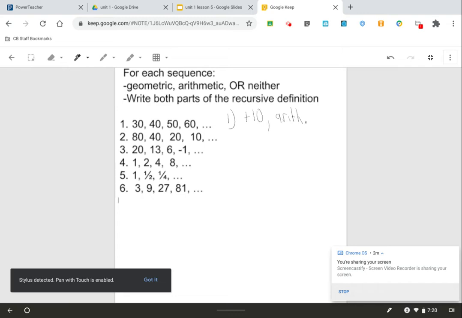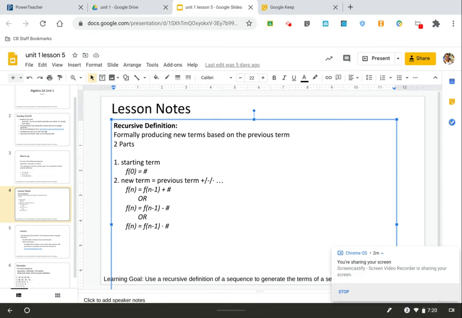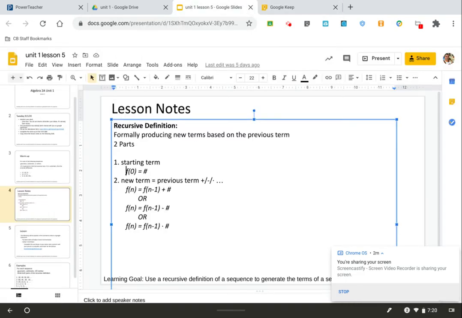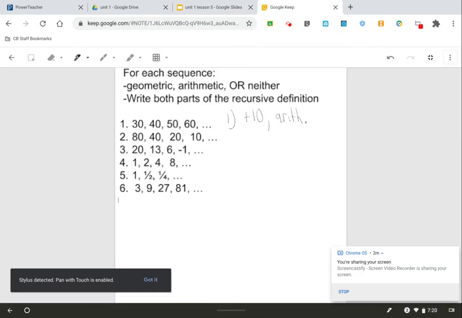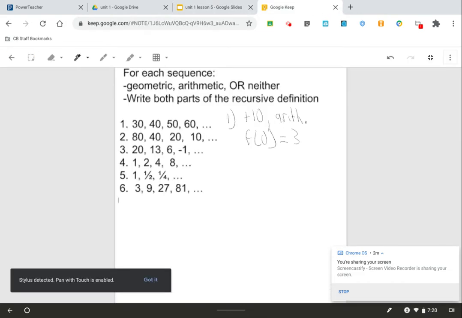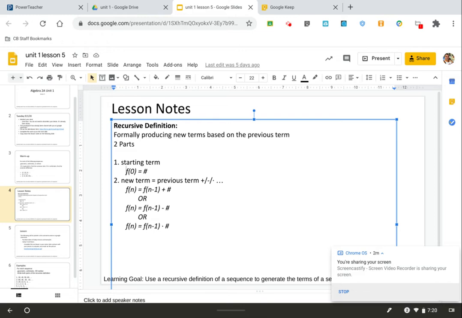It's important that we recognize the pattern because now we're going to write both parts of the recursive definition of that sequence. The first part is: what's our starting term? Our starting term is 30, so we write f of 0 equals 30. The second part, how we produce new terms based on the previous term, is one of these three.